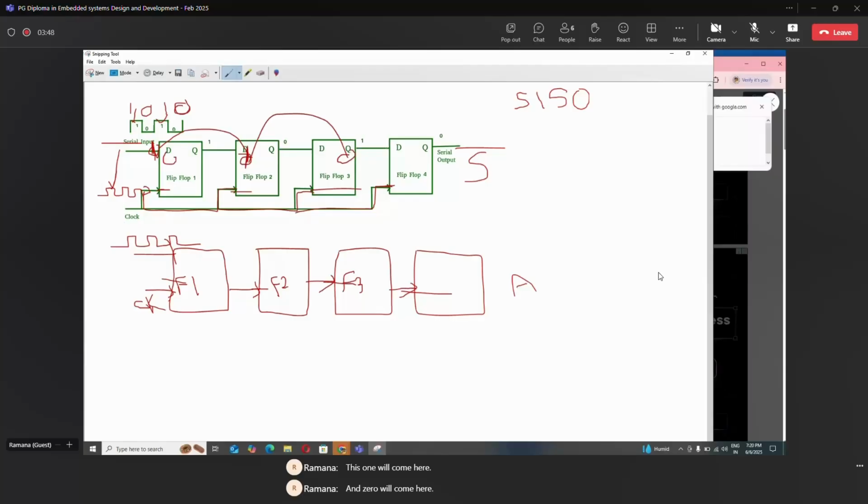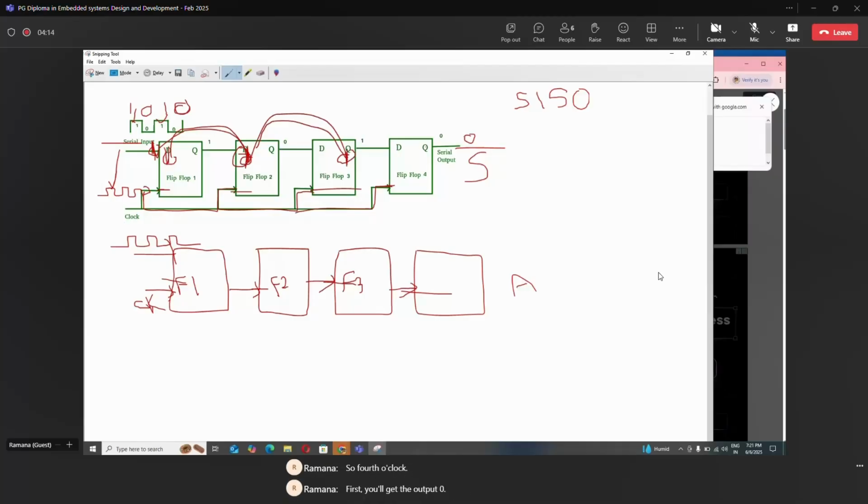And on the fourth clock pulse, the output will get the zero. It will be shifting serially, and the one will come here, zero will come here, and finally one. So on the fourth clock pulse, you will get the output 0.